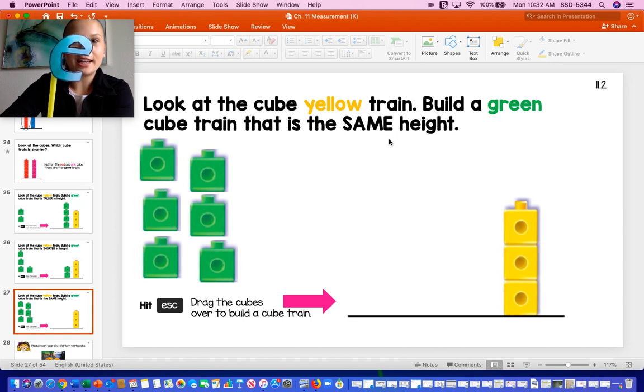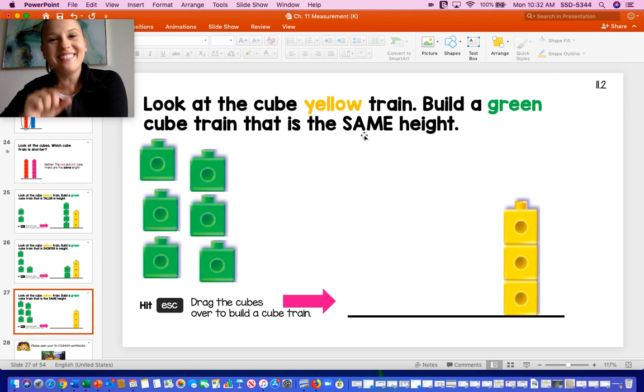Sneaky E, right? And Sneaky E tells A to say its name, so we need to go back. S, A, same. Good. That was a hard one. Same height. Here we go.